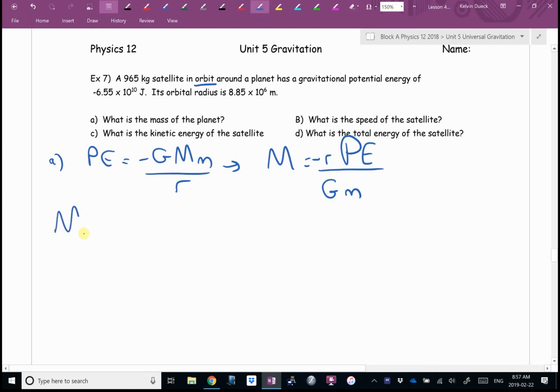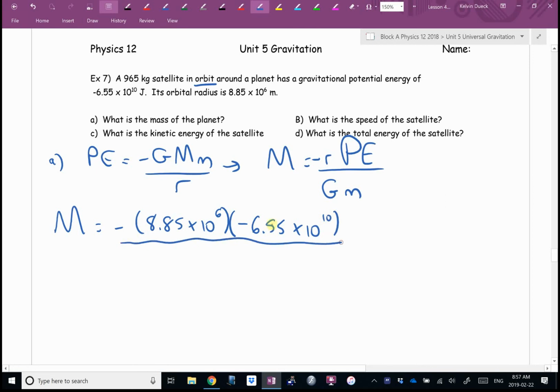Okay. So it's going to be negative 8.85 times 10 to the 6th, times negative 6.55 times 10 to the 10th, all over 6.67 times 10 to the negative 11, times 965.